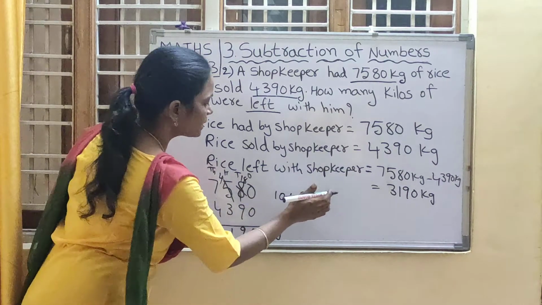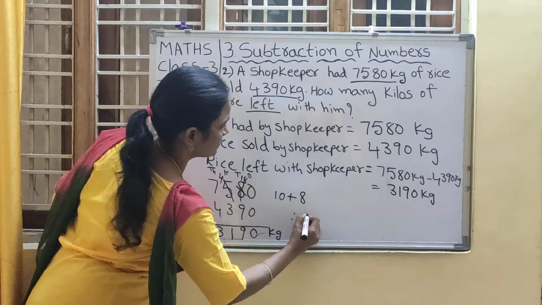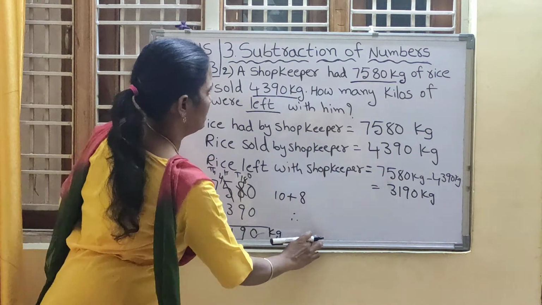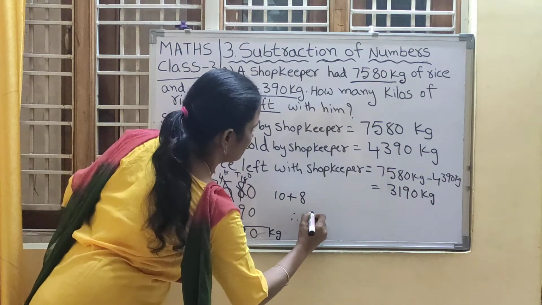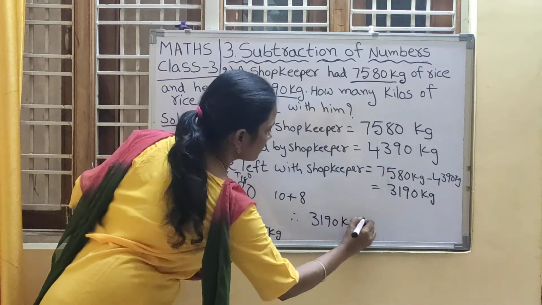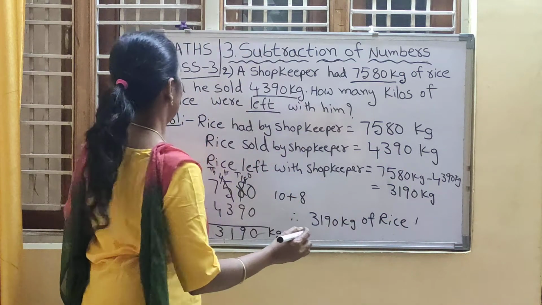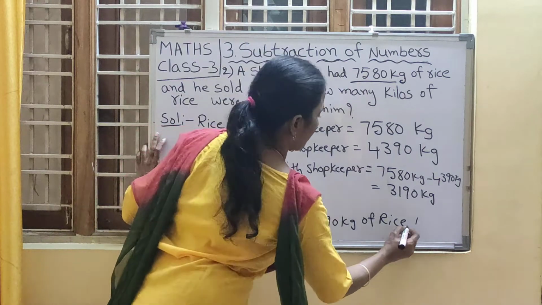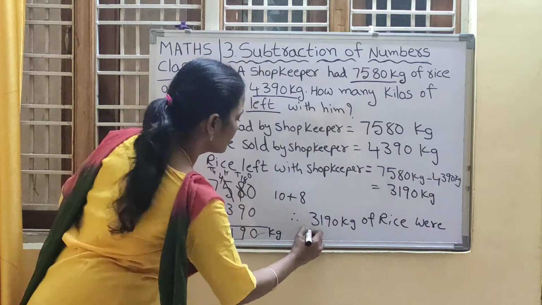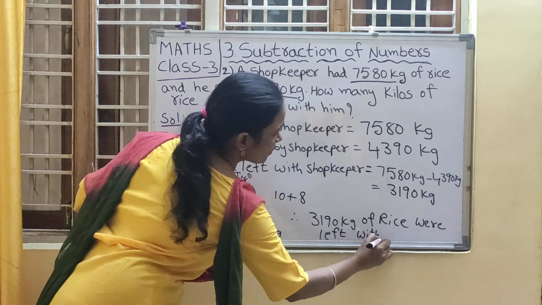So write down the final statement. Therefore, 3,190 kgs of rice were left with the shopkeeper.